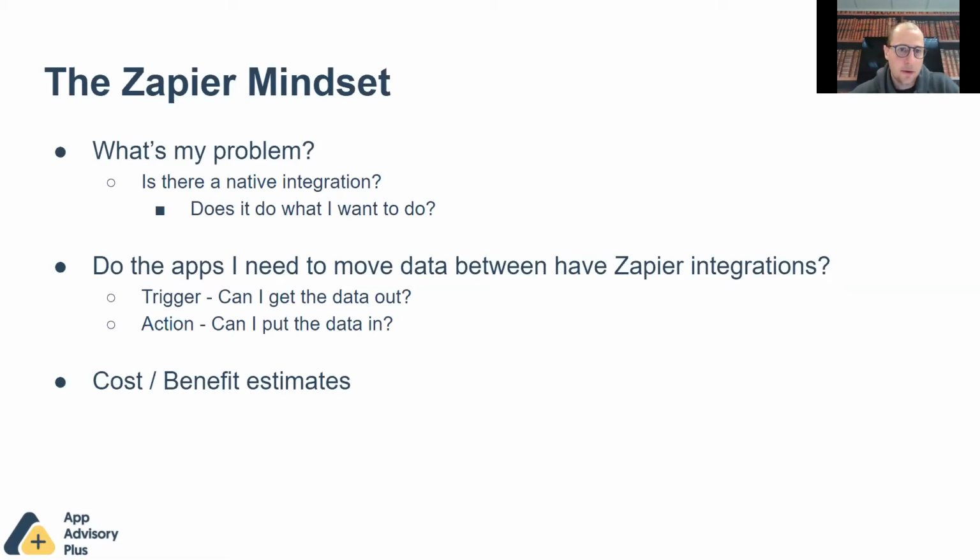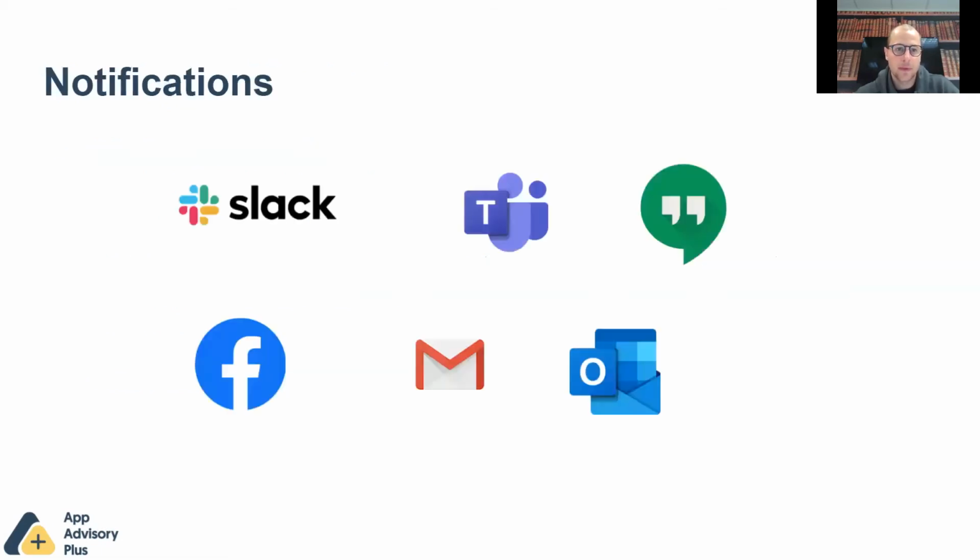So next I'm going to go into some examples of what we can do with Zapier. The first one is one that maybe you're familiar with already, but it's good to reiterate that this is a really key thing that you can do in Zapier. And that's notifications. I've got some logos there of examples.